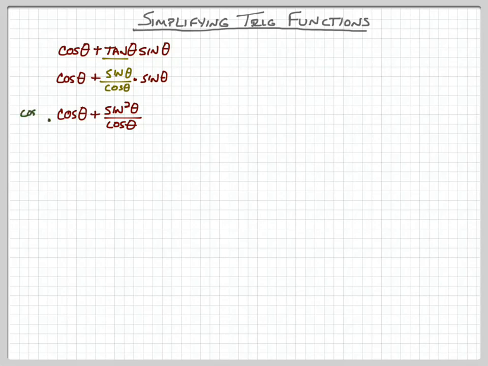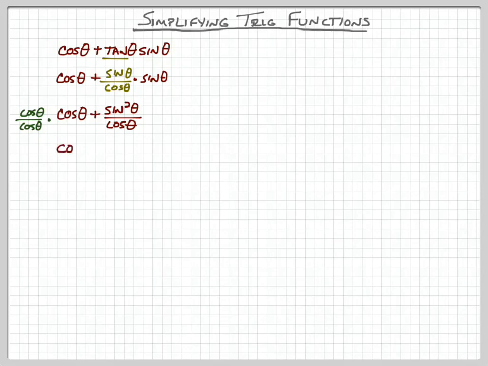So let's see if we can get it into one fraction and make it a little more simplified that way. We're going to multiply our cosine by cosine over cosine. We're not changing anything. We're just rewriting it in a different way, multiplying it by 1, so we're modifying the expression without really changing it.